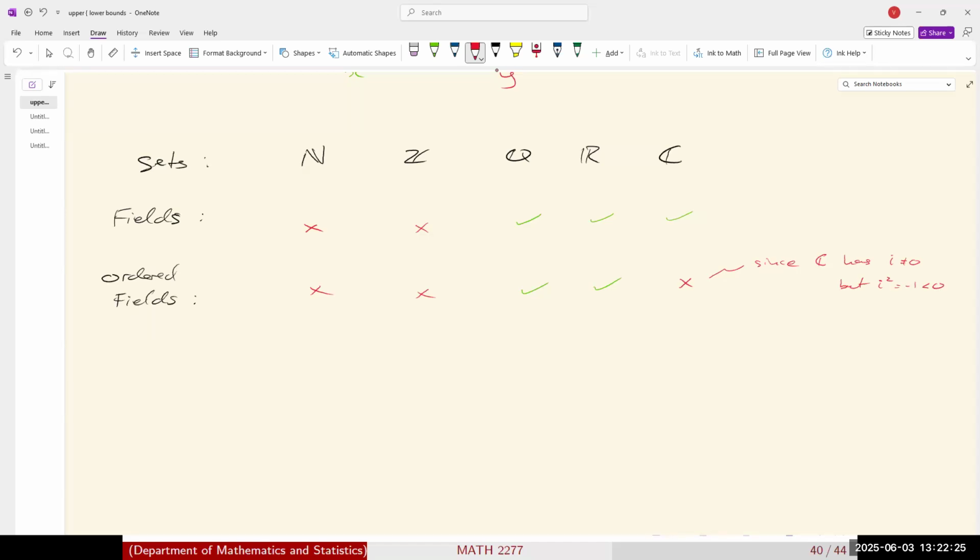If you are an ordered field, the square of any element should be positive. That's the reason why the complex numbers is not an ordered field. The last property is what? So we have a tie so far between the rationals and the real numbers. What makes the real numbers beat the rational numbers is this thing that we call order complete.